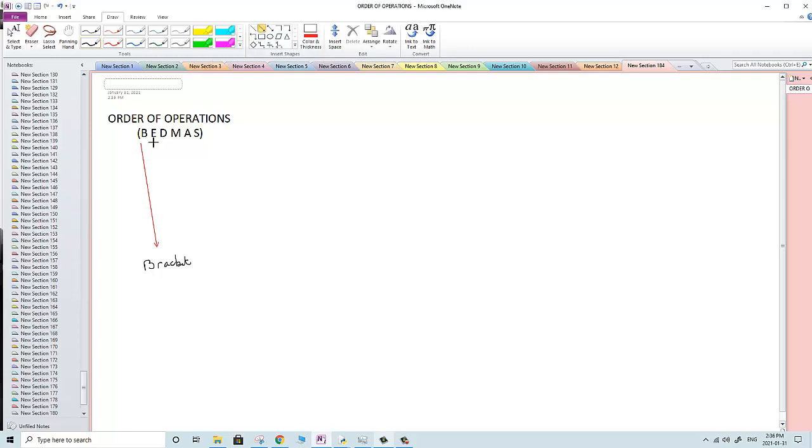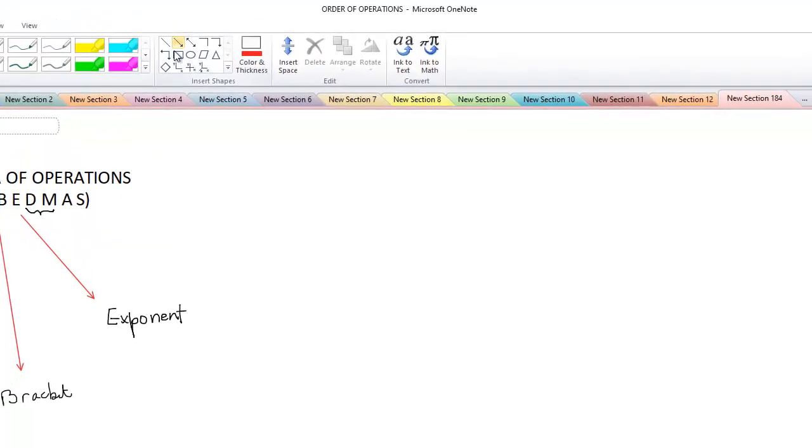After the B, there is the E. The E here means exponent, so I go to the exponent. After that, there are D and M. D and M are together, at the same level: D for division and M for multiplication.